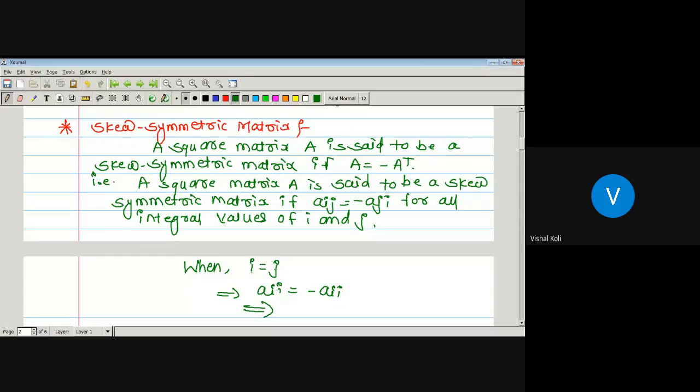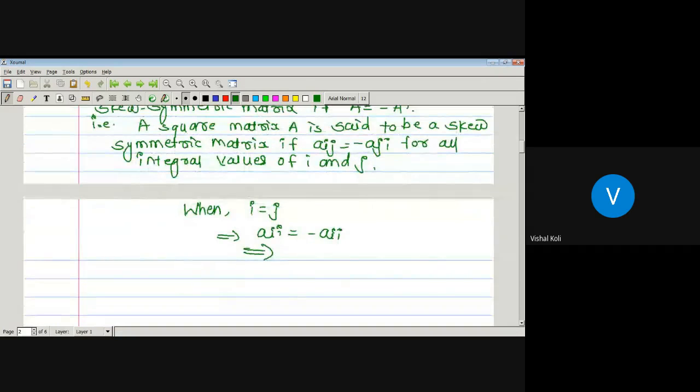Now add Aii on both sides, since Aii is an element which is either real or complex. Aii plus Aii is equal to minus Aii plus Aii, which cancels to 0. So 2 times Aii is equal to 0, and 2 is not equal to 0. It means there is only one possibility, that Aii is equal to 0.